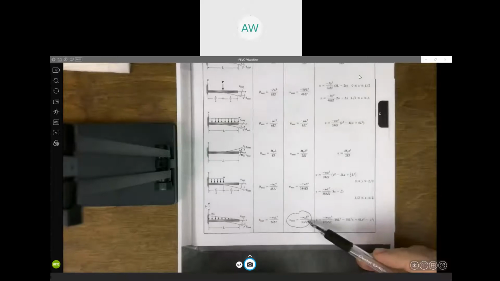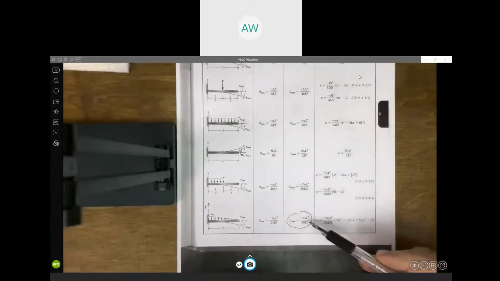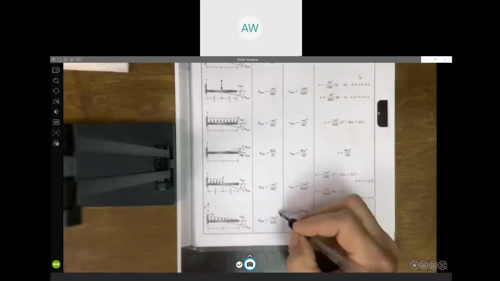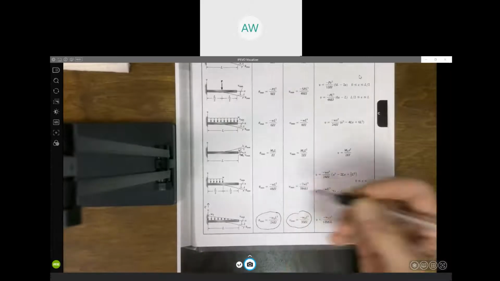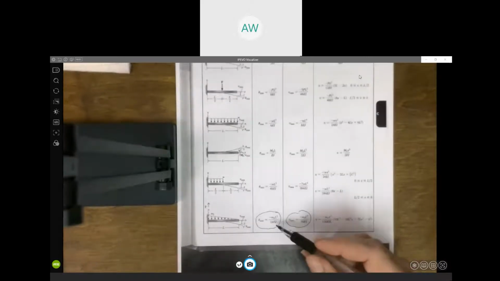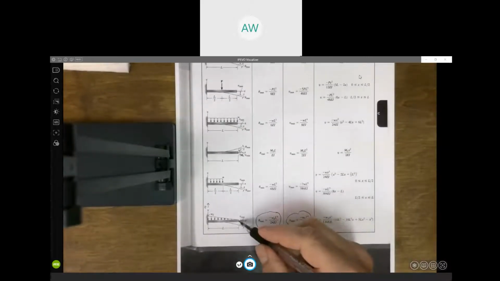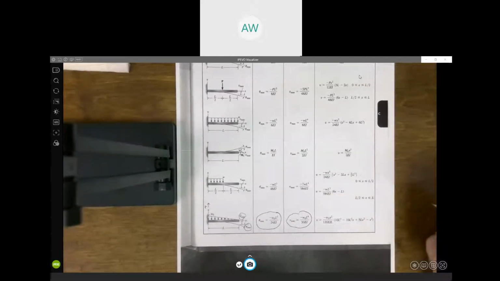Right, and again, where that came from was this table. We also have a formula, right? Because the maximum displacement and the maximum angle, they occur at this free end. Right, that's where we get. This is our end B. So these are the two formulas we need.